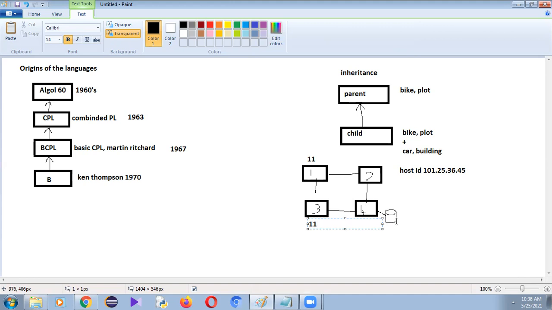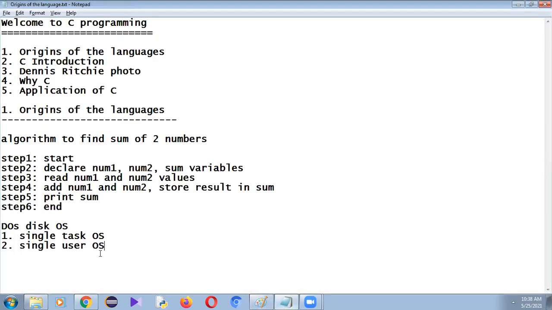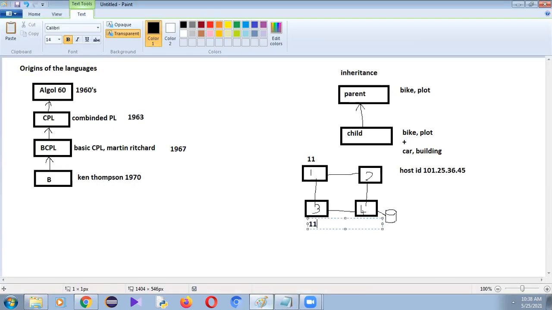2 users. Okay, but if you observe, in all those 4 systems the DOS operating system was installed. As I said, DOS is a single user operating system. Only one user can access it. This is called a single user operating system. These two main drawbacks were identified by Ken Thompson and he wanted to provide the solution for it.